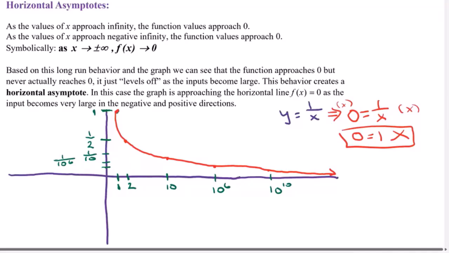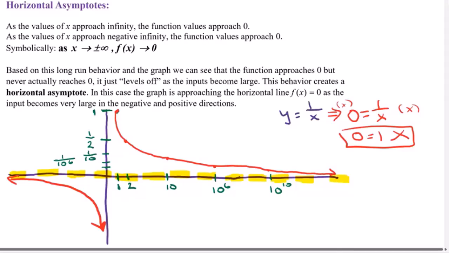But notice we're getting closer and closer. So we have a horizontal asymptote at y equals 0. It just means that the graph is getting closer and closer to 0, but it will never equal 0. And we have the same thing really happening in the negative direction for the same reason.